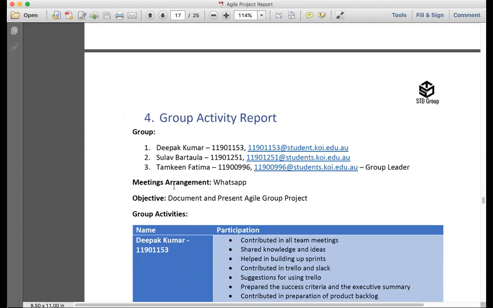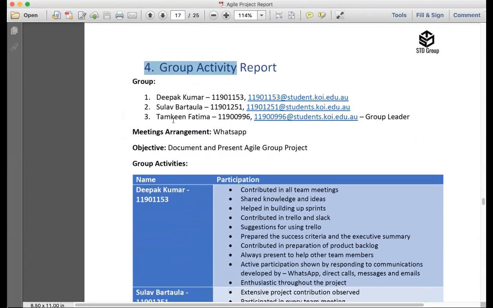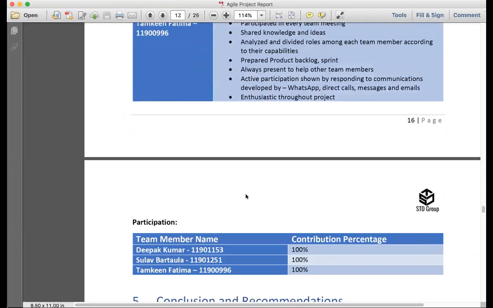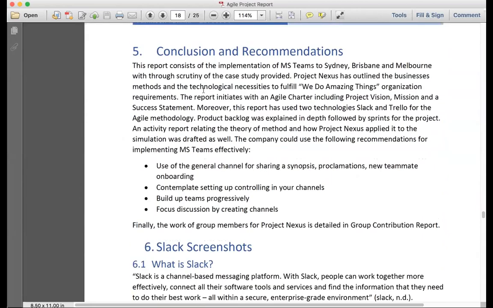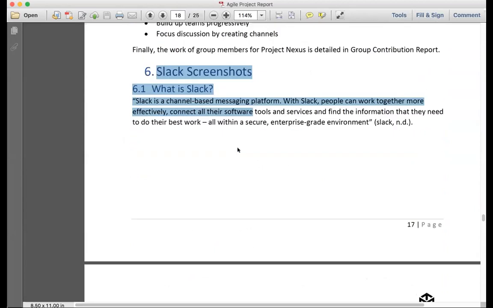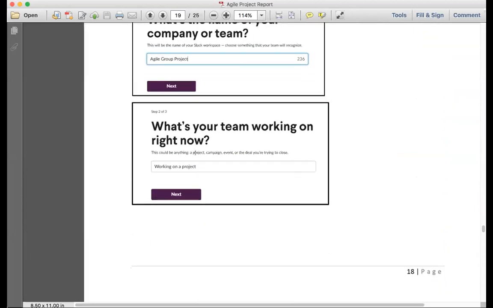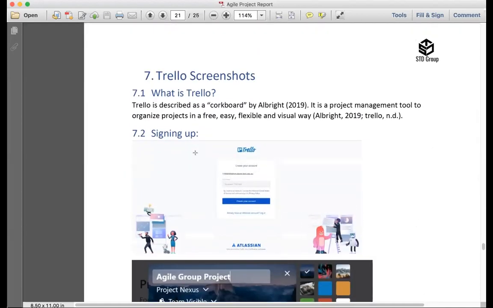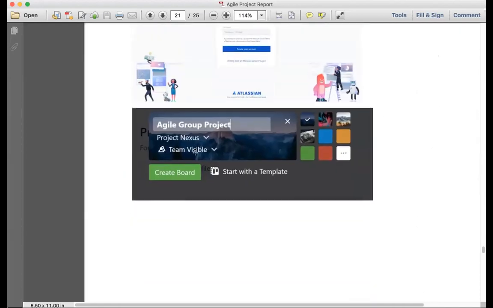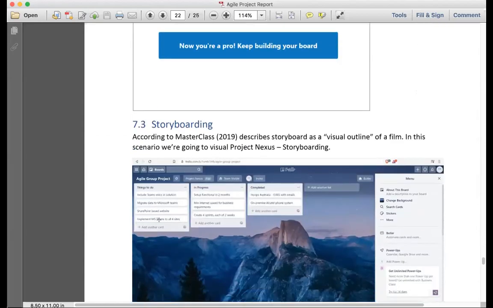And you go all the way to the group activity. You talk about what everybody has done, and a table of contribution percentage, conclusion, and the Slack and Trello screenshots. So many of these are actually required to be able to get the job done. So we need to see what you're doing.